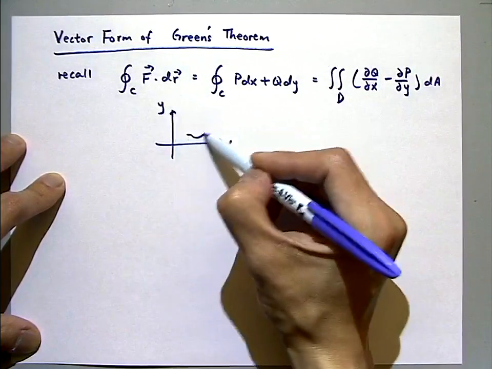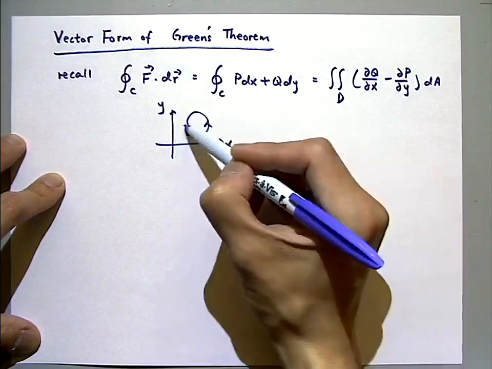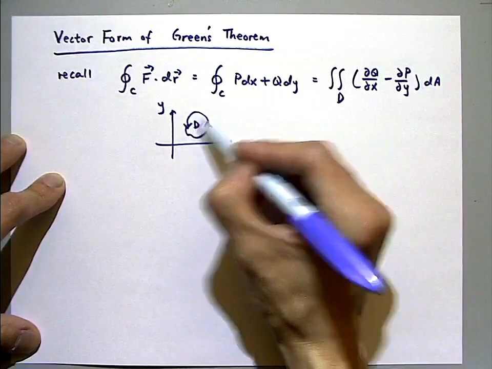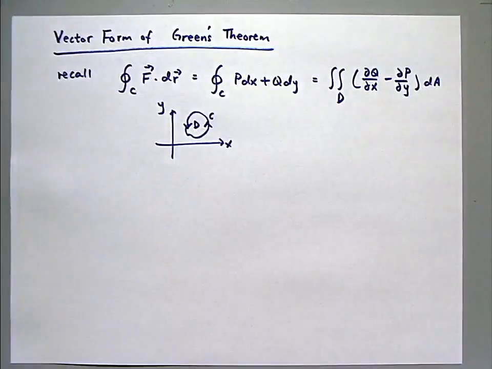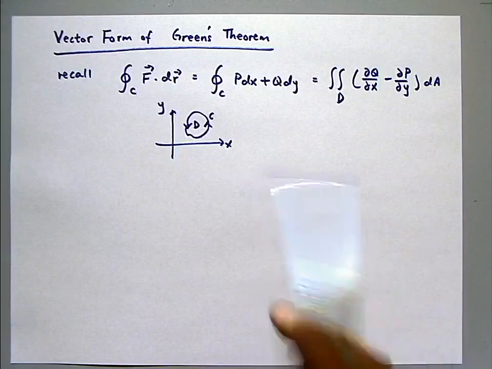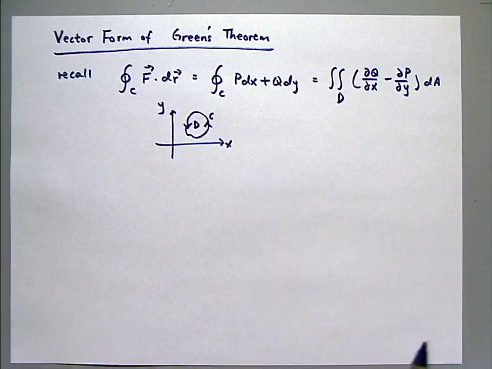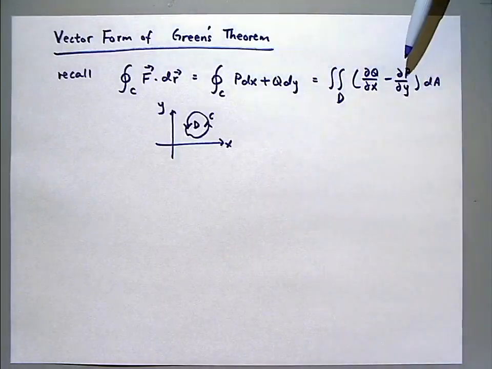Okay, remember the picture here. C is going counterclockwise in a positive orientation, once around in a closed loop. And the region it encloses, that's D. So Green's theorem says that this is equivalent to that.